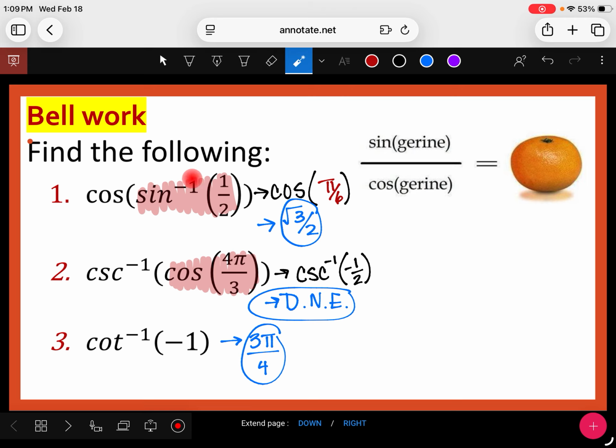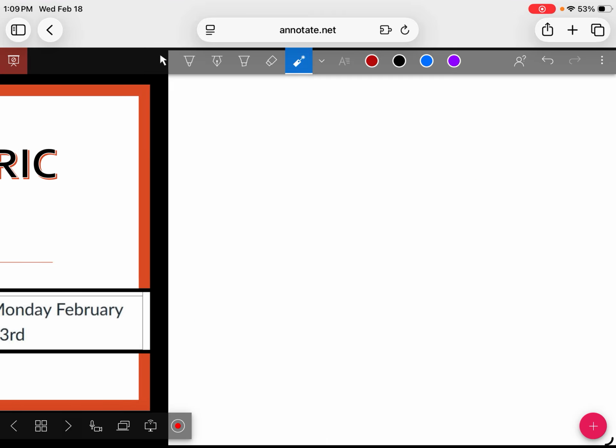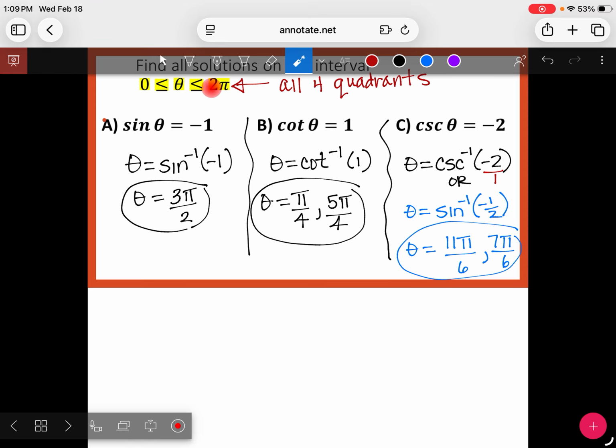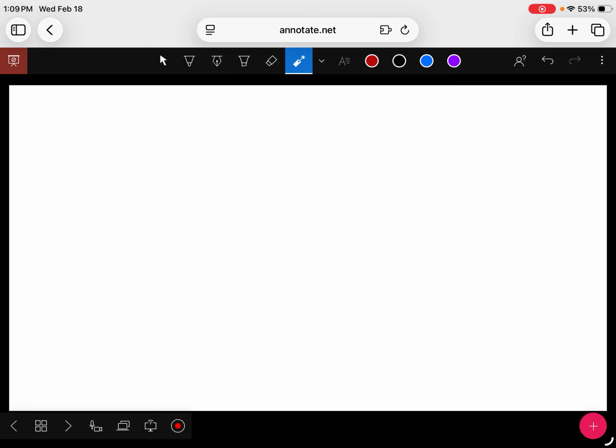That means that we're going back to quadrants 1 and 4 or 1 and 2. But if the directions have 0 to 2 pi at the top, that means you're looking at all 4 quadrants. Nothing is negative, because it says 0 to a positive number. Everything is positive.